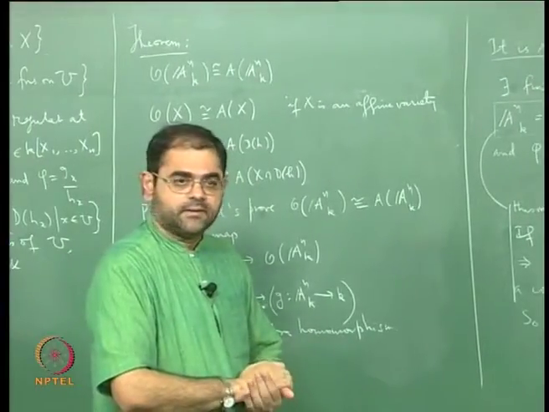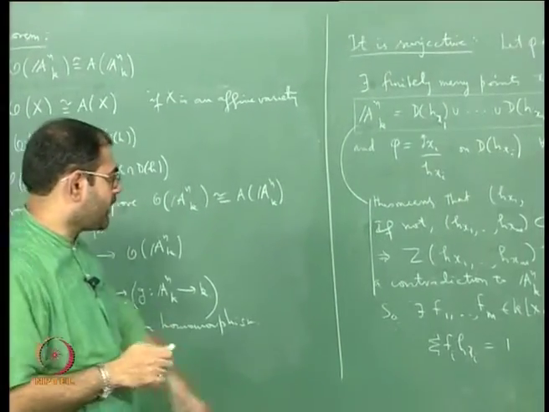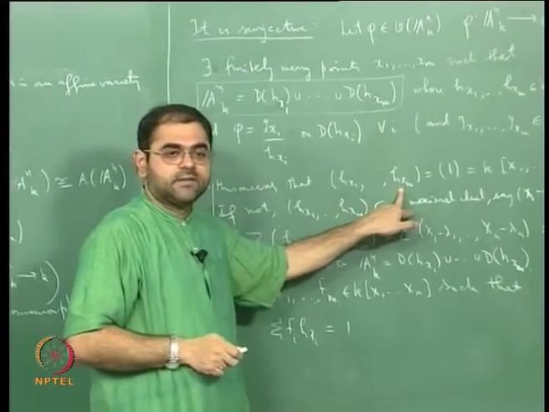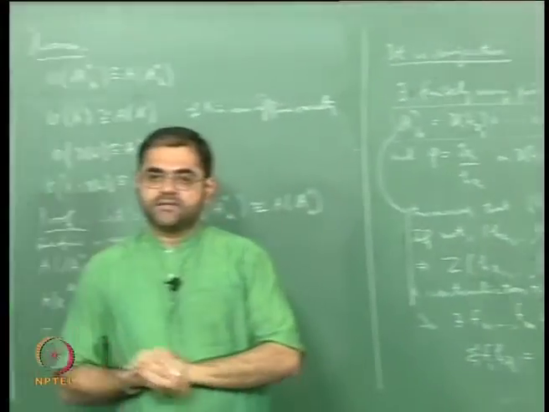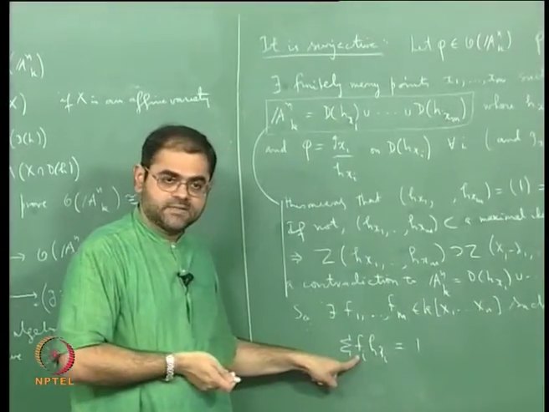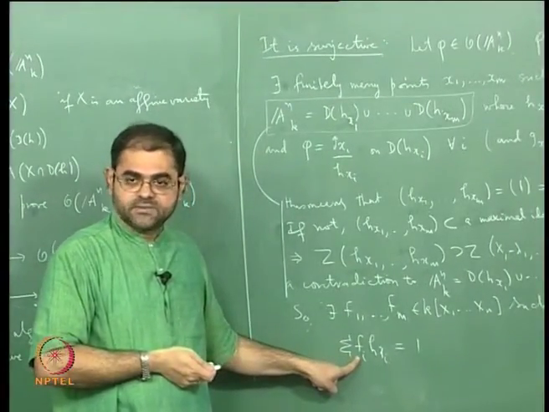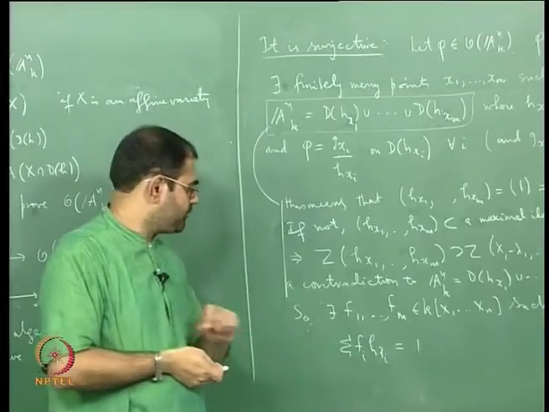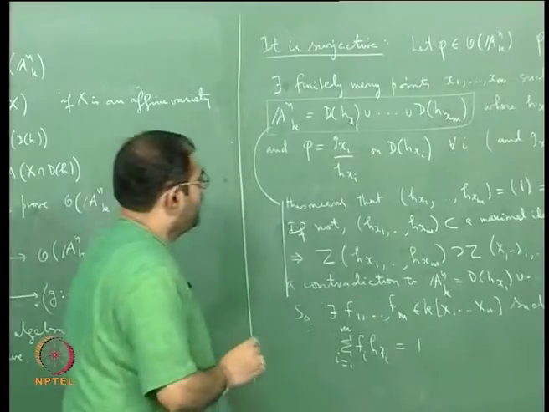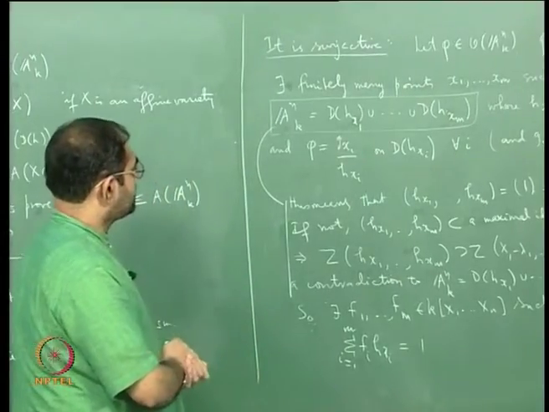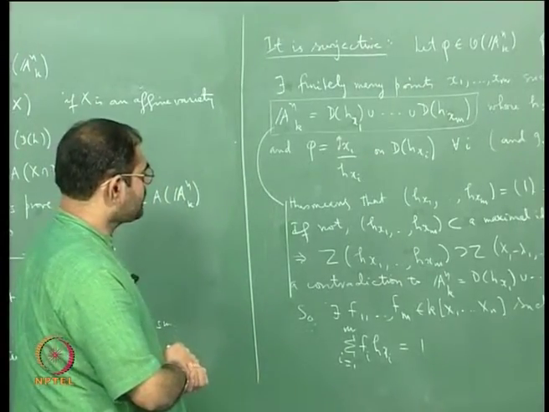Okay, in other words, the 1 is in the ideal generated by the h_i's, so 1 should be generated by a ring linear combination of the h_i's, and that is what I have written here. These f_i's are ring elements, the coefficients from the ring. Okay, so of course i is equal to 1 to m.